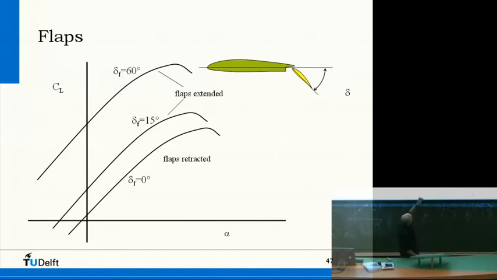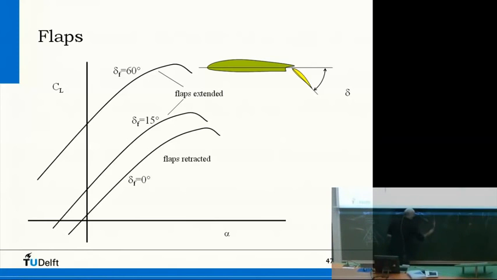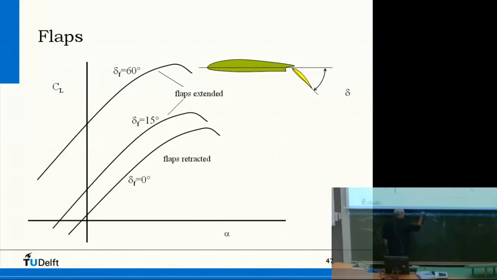And that's exactly what you do with a flap, because now, instead of having a straight airfoil with this camber, if you do it like this, then you have this camber right here, which means that you increase the downward velocity, which means that you have an increased lift, right?